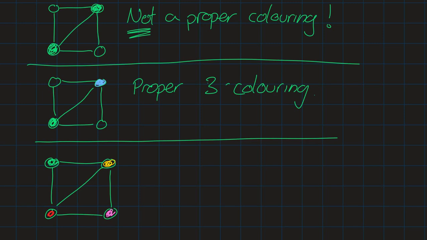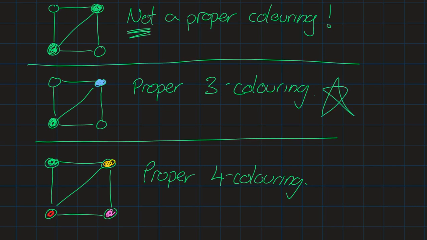This is a perfectly good proper four colouring. It might not be the most efficient way of colouring it. We saw right here that it's actually possible to colour it with just three colours, but this down here satisfies the definition of what a proper colouring is. It's a perfectly good colouring.